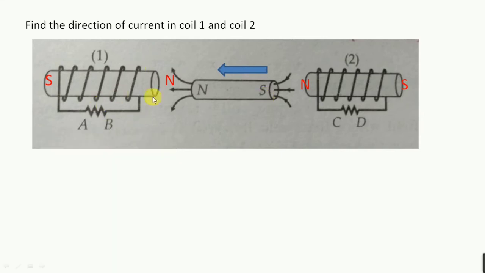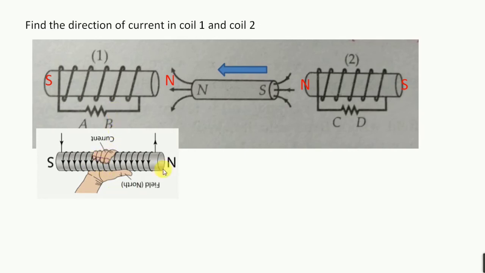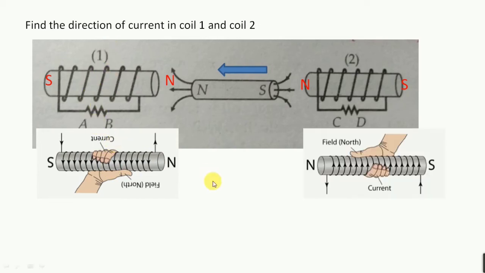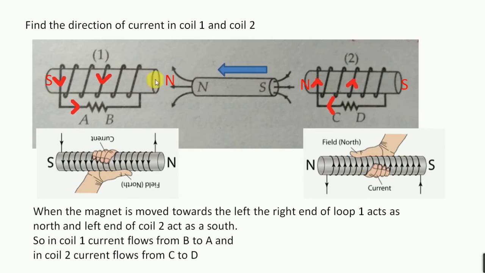So now, using the right hand thumb rule, we can find the direction of current. If you curl your hand in the direction of current, the thumb will show the direction of north pole. If I'm showing the thumb towards this side, then the curling of fingers will be in downward direction from above the solenoid, and on this side the current should move in upward direction.